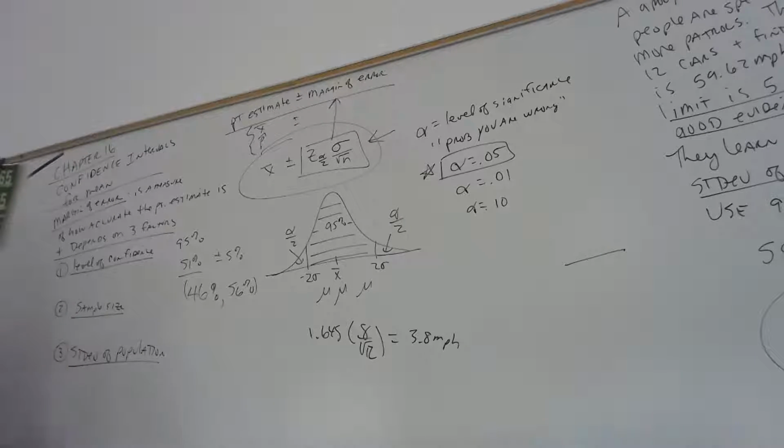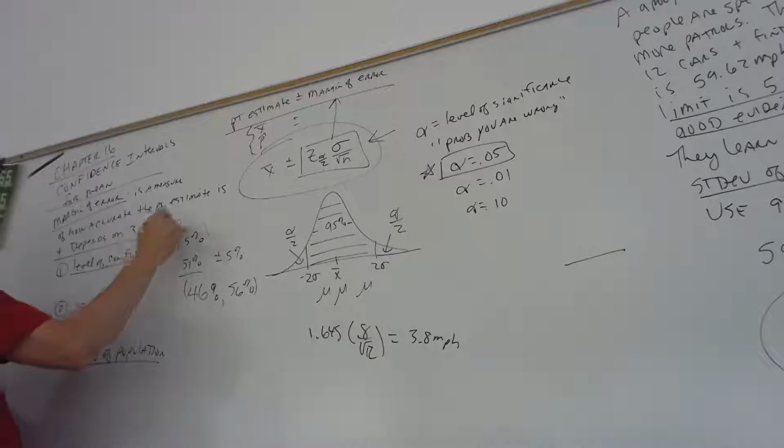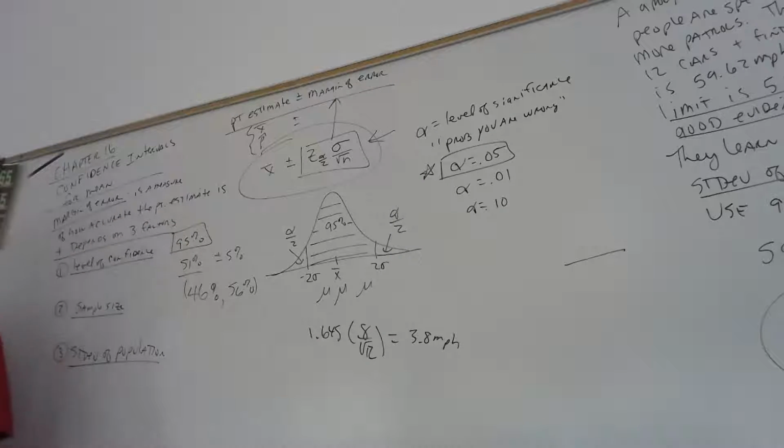Now, my next question is, what if I wanted to become more confident? I don't like 95%, I want to be 99 or 100% confident. Let's say I want to be sure that I'm right. I'm 100% confident that the percent of people who support impeachment is between 0 and 100%.